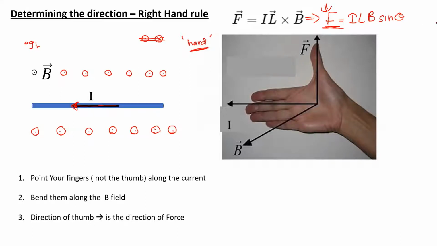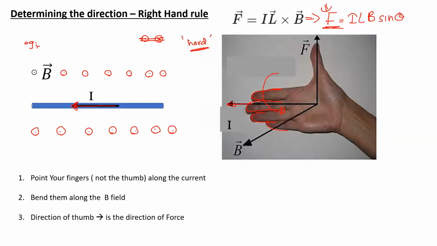Are you okay with that? So you keep your fingers pointing along the current, and then you curl your fingers towards the direction of your B field.